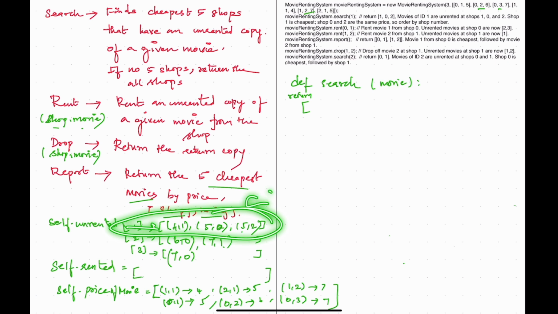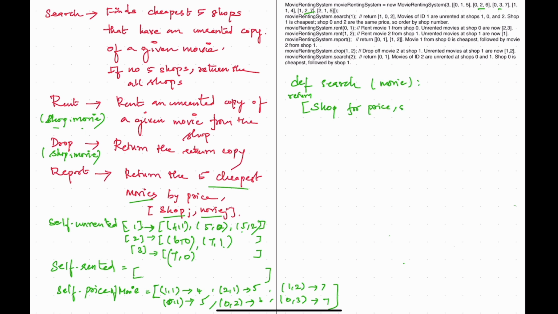If it is less than 5, you should return whatever is present. If no movie exists, for example if they give 4 and there is no such movie, then you have to return an empty list.